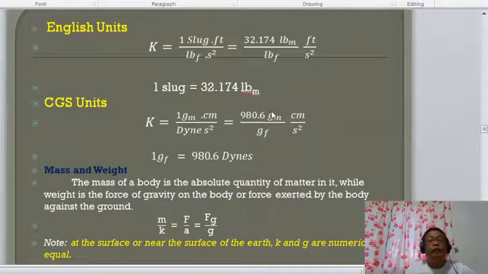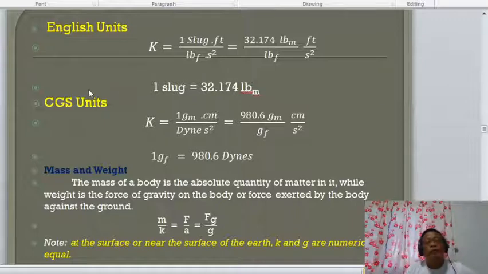And another we have here in English using the slug unit of mass. We also develop a conversion of 1 slug equals 32.174 pound mass. And of course, in CGS, we also develop a conversion of 1 gram force equivalent to 980.6 dynes.